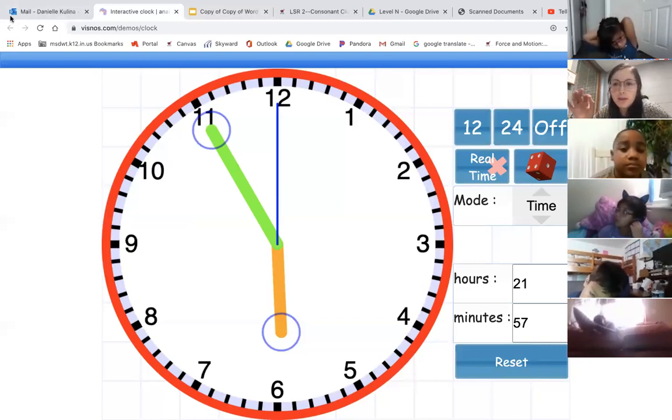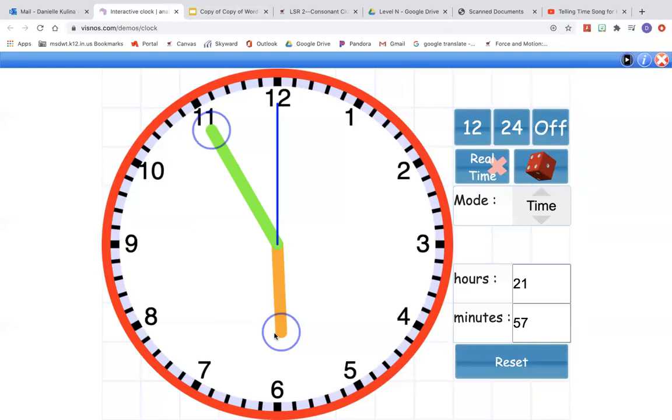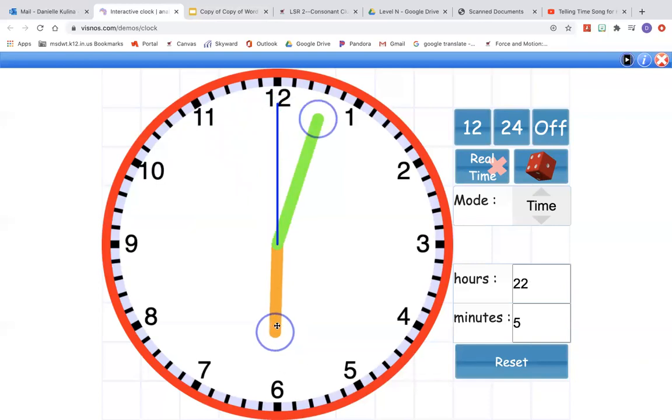So there's going to be some ones that are going to try and trick you, where you're going to think that it's actually here. But remember, look, this is still not 6 o'clock. It's not 6 o'clock until the hour hand's pointing down and the other one straight up, then you know it's an o'clock.